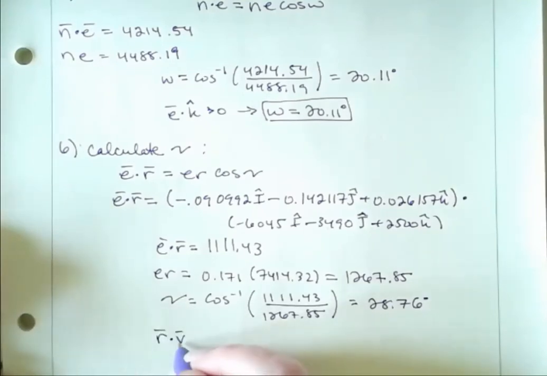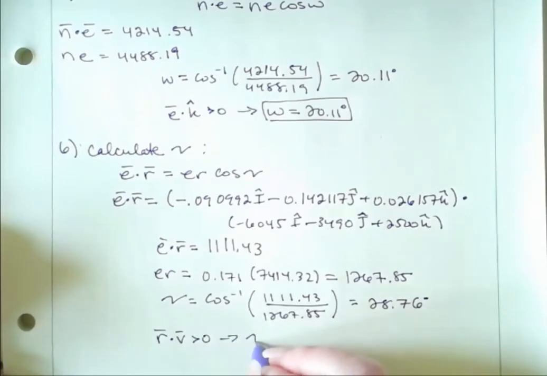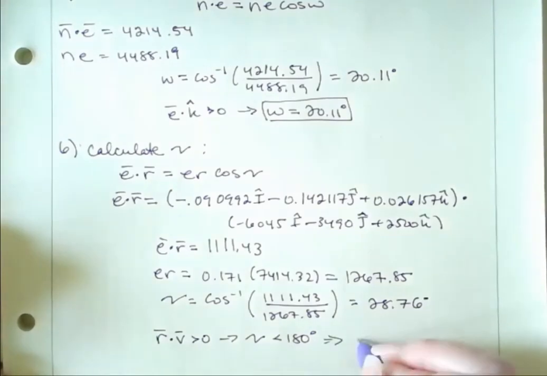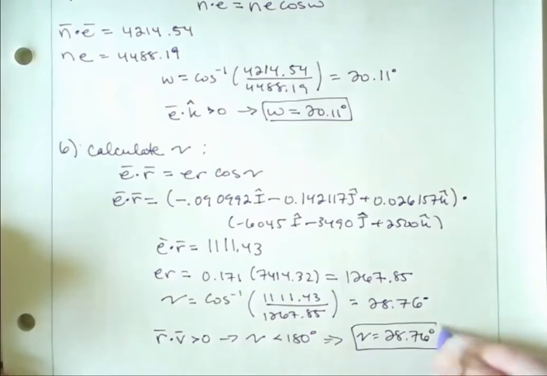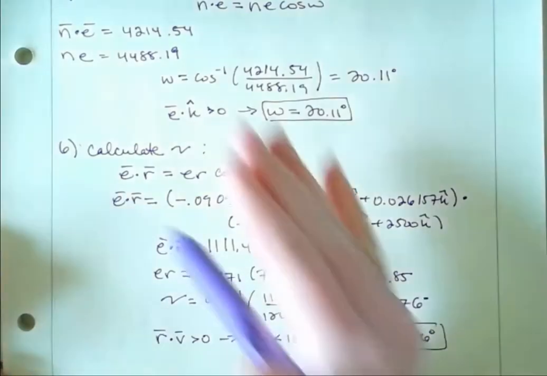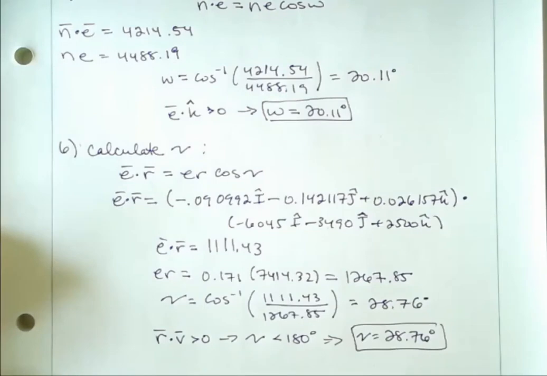So for this one, we do R dotted with V. That's greater than 0. So that means the true anomaly should be less than 180, which this one is. So that means this one is good. We don't need to change that one. So we're going to have 28.76.